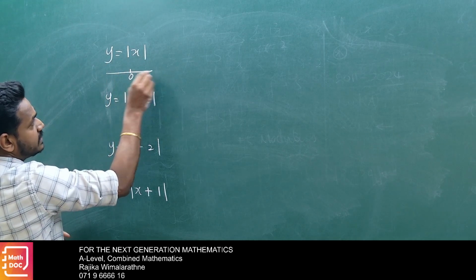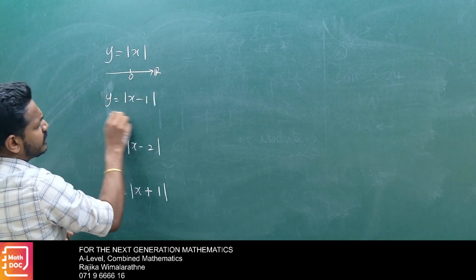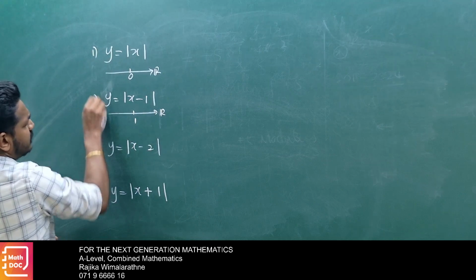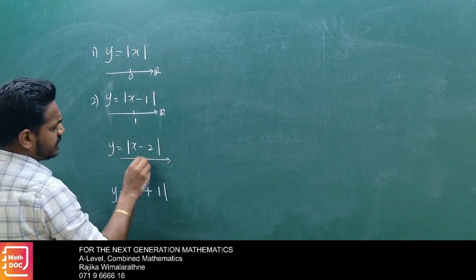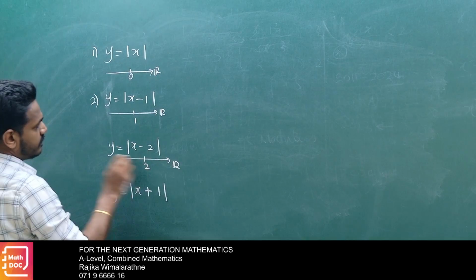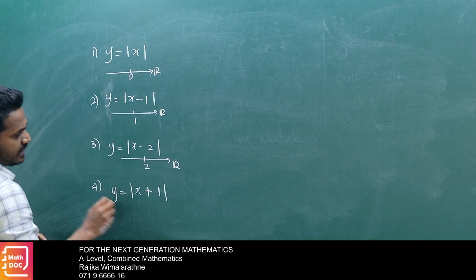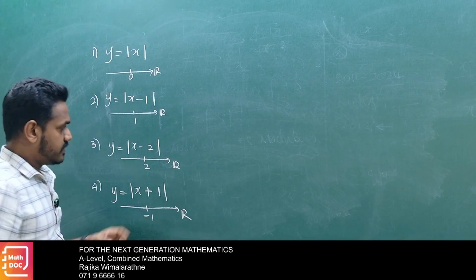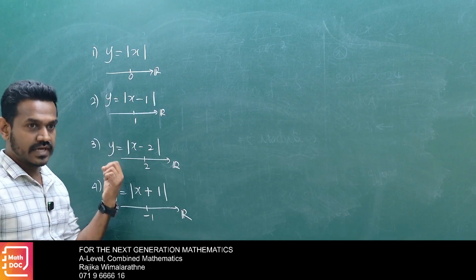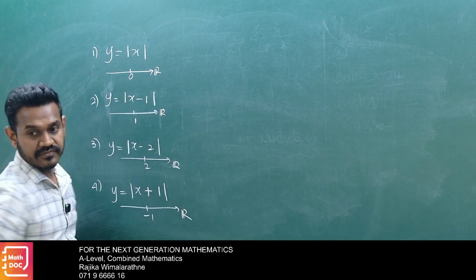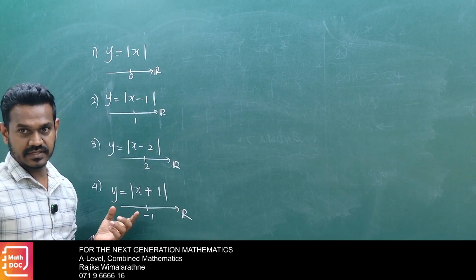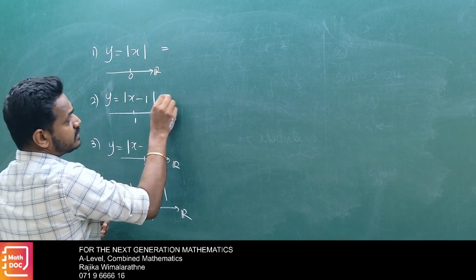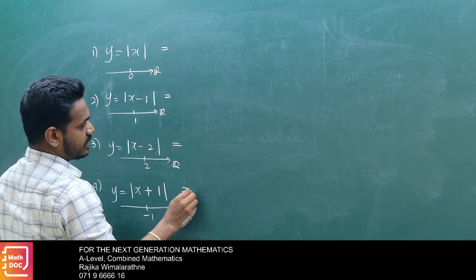For x minus 1, the sign change is at 1. For x minus 2, at 2. For x plus 1, at minus 1. Greater than 2 positive, less than 2 negative. I mean within the modulus, not outside.